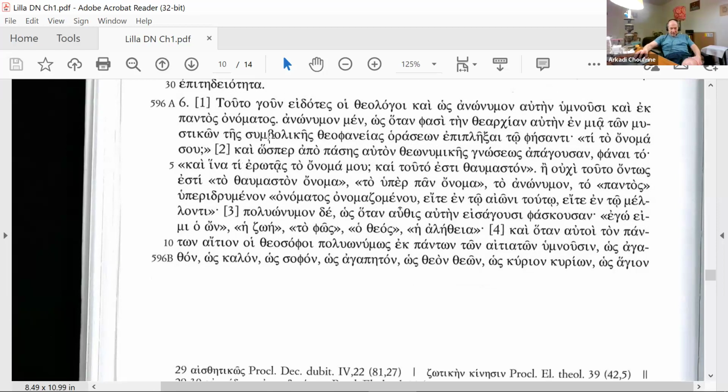So of course, I think symbolic already implies it has a hidden meaning, but let's see what the meanings of symbolic are in Lampe's. It's symbolic, although not a great help.